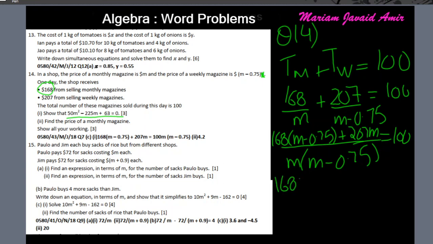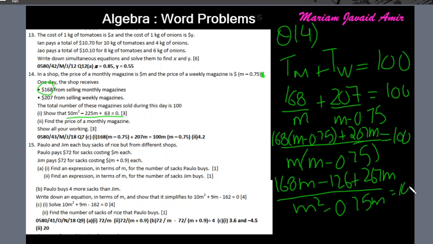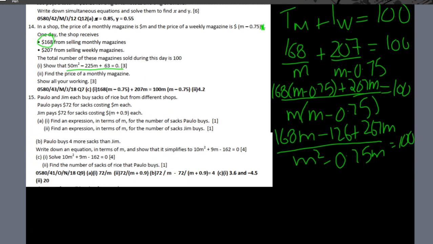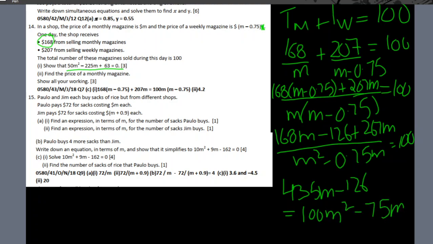So 168M minus 0.75 times 168, 126 plus 267 M over M square minus 0.75 M equals 100. So 168 plus 267 equals 435 M minus 126 equals 100 M square minus 75 M by taking the rest to the other side.